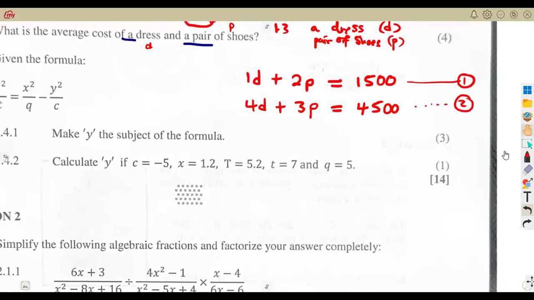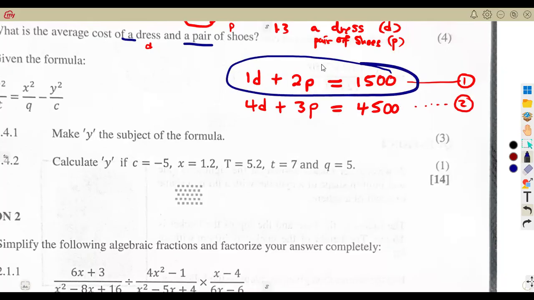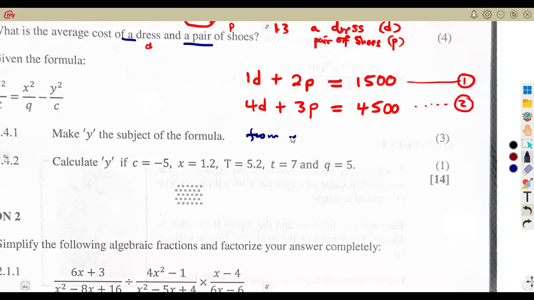So let us solve our simultaneous equations. As we know, I'm going to use the substitution method. You can use any method of your choice, elimination, whatever you want. But as for me, I'm going to use the substitution method. Using equation 1, I'm going to make D the subject.